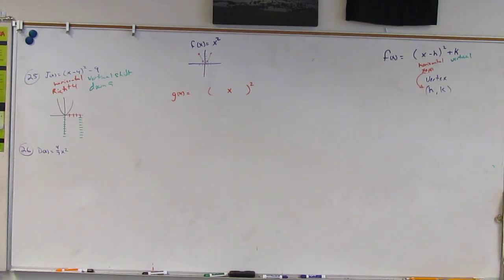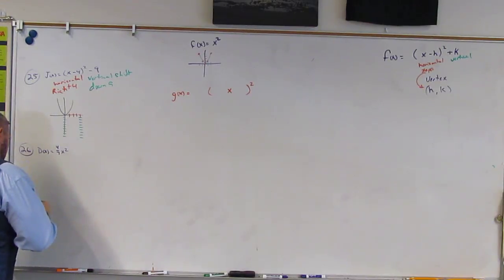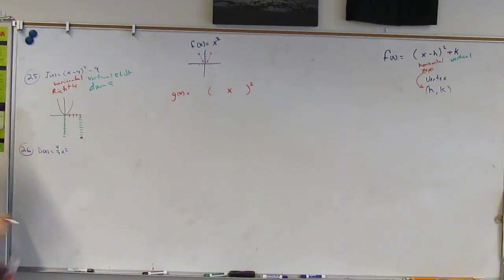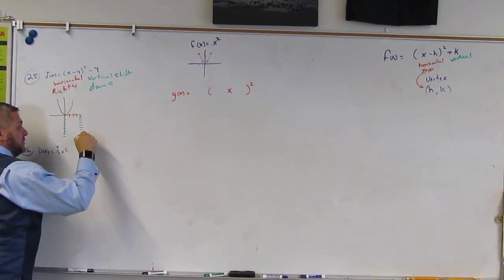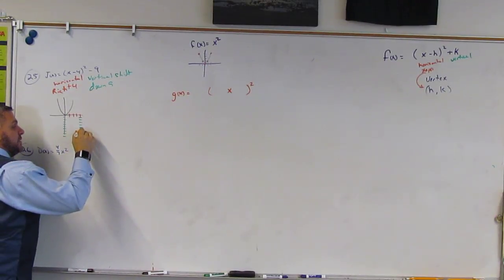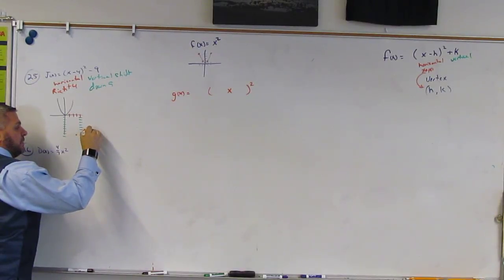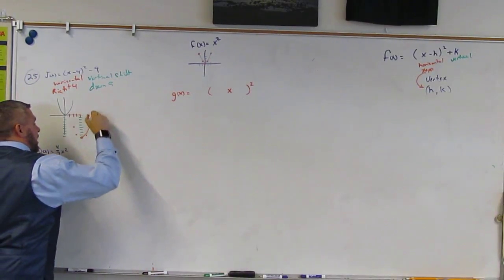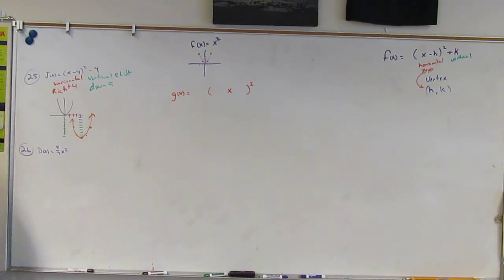And so our new point is here. But we have to graph those 5 points. Remember, I want you to have those 5 points every time. Do you remember what those 5 points were? Up 1 over 1. Up 4 over 2. And now we have our graph.